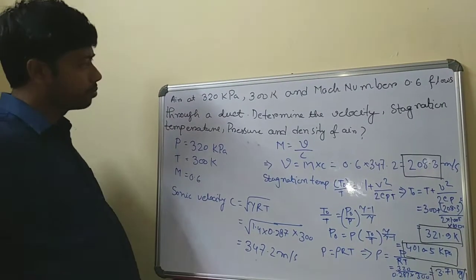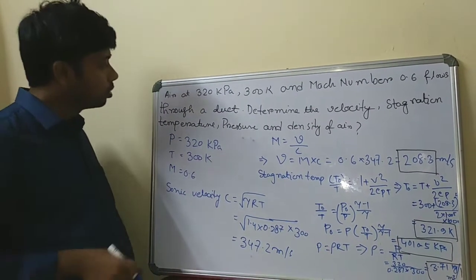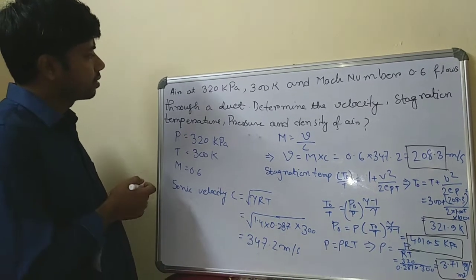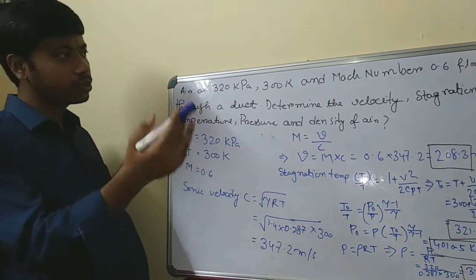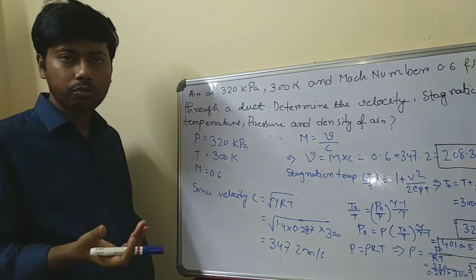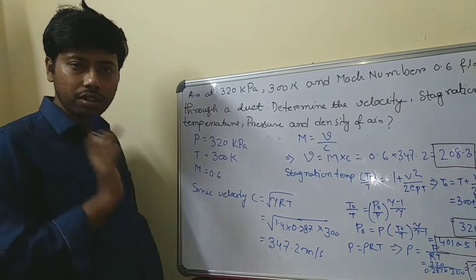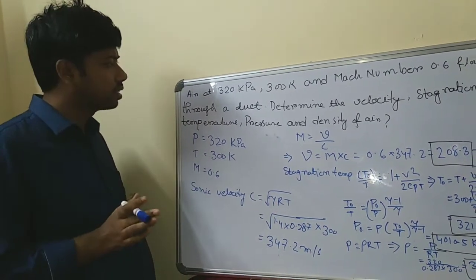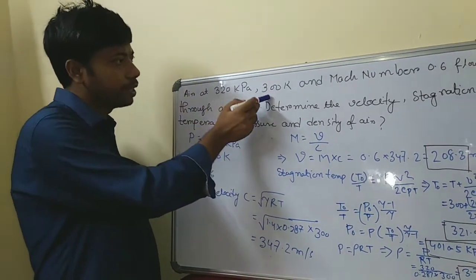Now let us take a numerical on compressible fluid flow. The numerical states that air flows through a particular duct, or any type of convergent divergent nozzle. The conditions given are the pressure, temperature and Mach number.